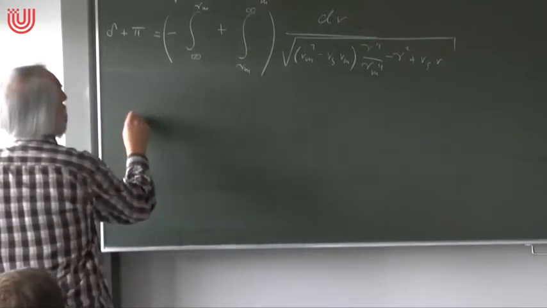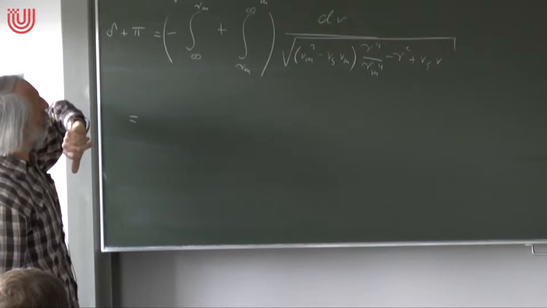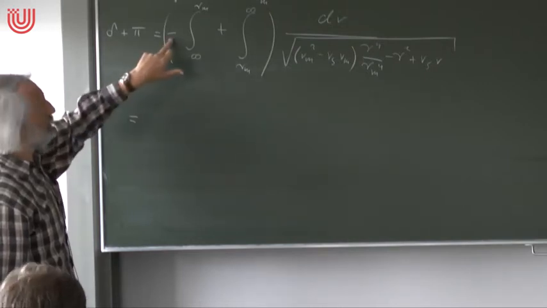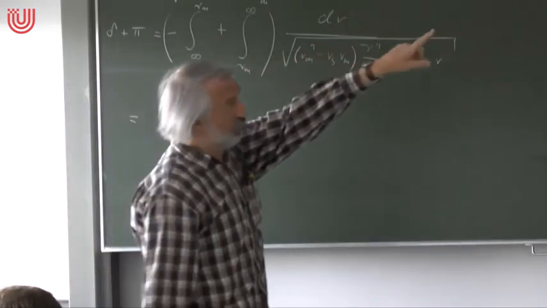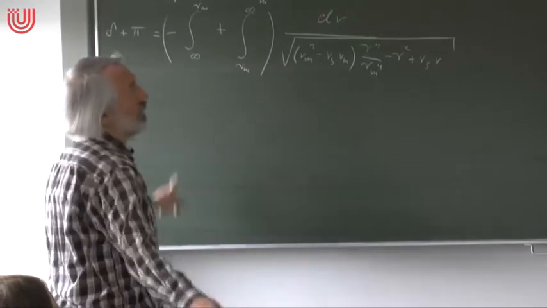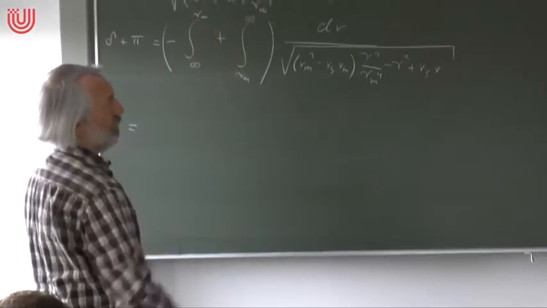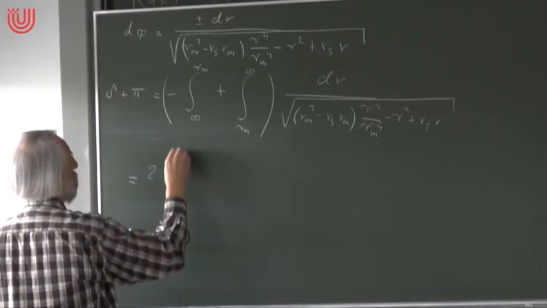Maybe I should do this. Anyway, you see that's the same integral, right? If I interchange the boundaries, then the minus becomes a plus, and I get 2 times the same integral, which is obvious from the symmetry of the problem, right? So the increase in the phi coordinates is of course on both legs the same. So I get 2 times integral from Rm to infinity.